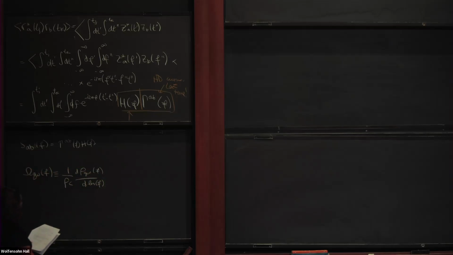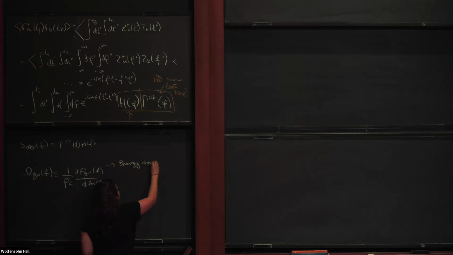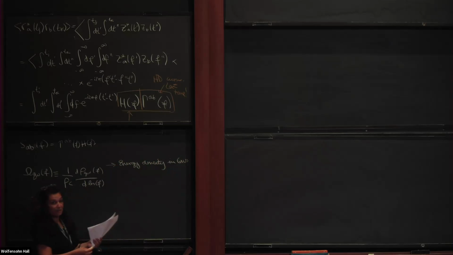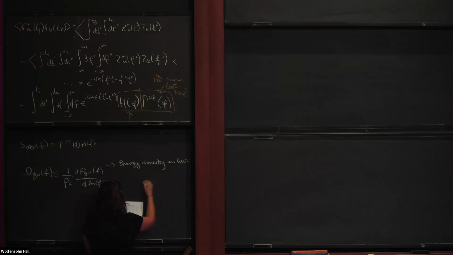Okay, so the frequency that I have here is the detector frame gravitational wave frequency. This quantity here, I said it out loud, but maybe I should write it down, is the energy density in gravitational waves, and that's in some frequency interval, f to f plus df.